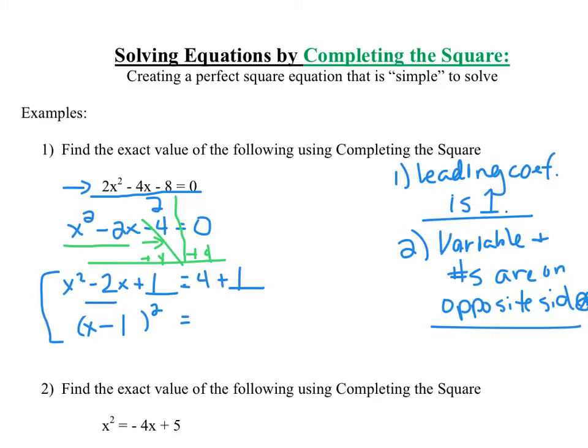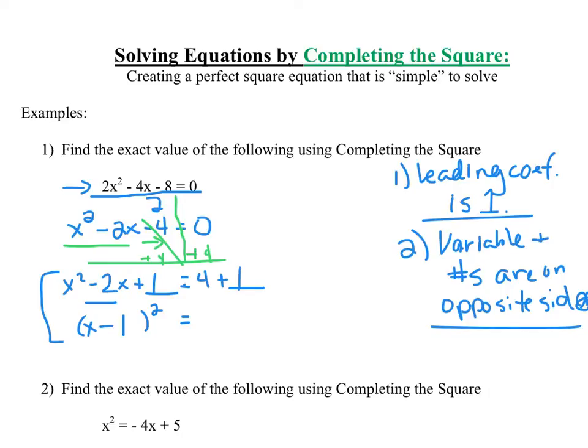So remember, to do this, take this number, divide by 2, it goes there, and then square it, it goes there and there. Because whatever you do to one side of an equation, you have to do to the other. So we're making this awesome, perfect square. It's beautiful, but we can't just add the one to this side, because then our equation wouldn't be balanced.